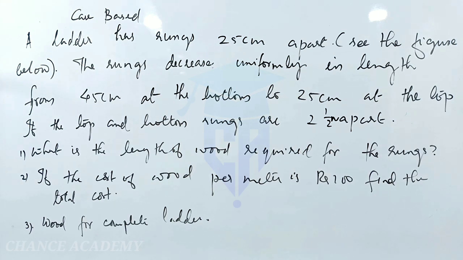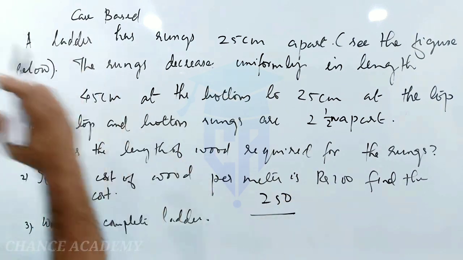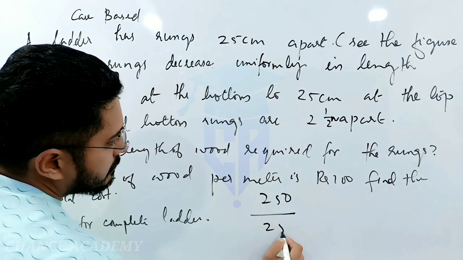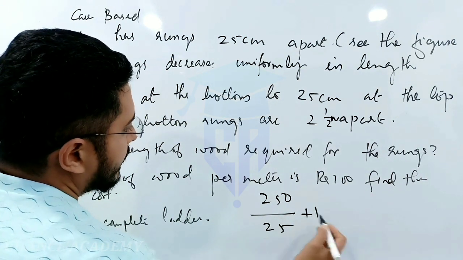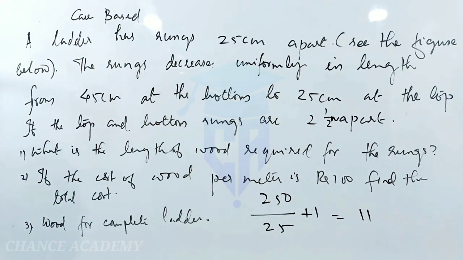On converting that to centimeters, you'll be getting 250 centimeters. So in 250 centimeters, it's given that the rungs are 25 centimeters apart. There will be one rung for each gap. So on dividing this by 25, we'll be getting the number of rungs by adding 1 to this. So that will be 11 rungs in the ladder.